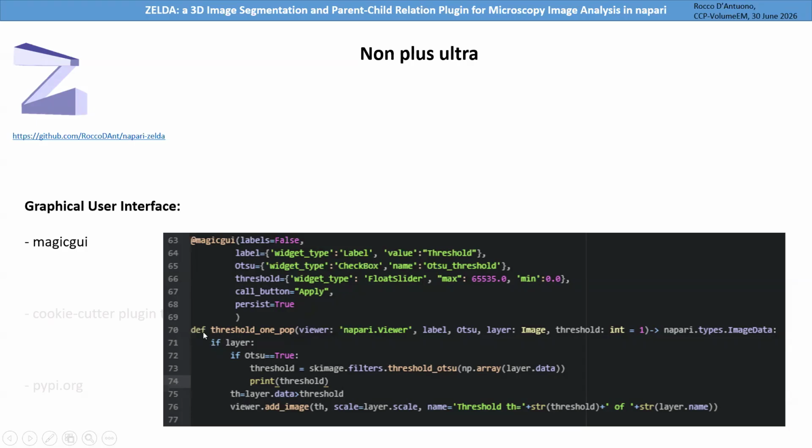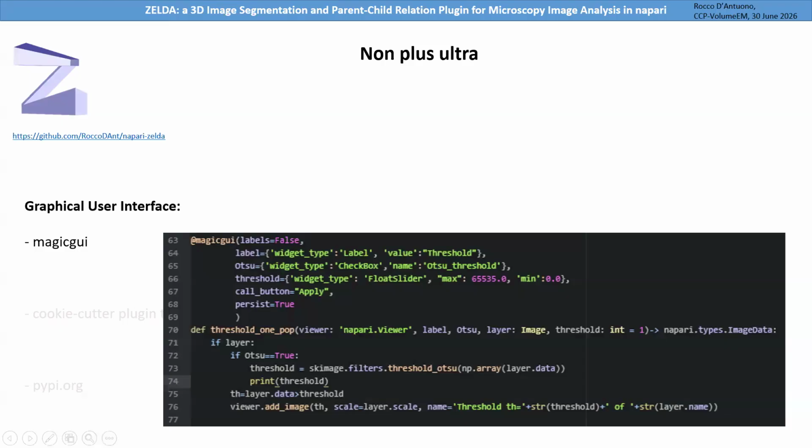So the part above, the decorator, makes it possible to transform a script that would use the function below, between line 70 and 77, into a widget, so it means a graphical element that will appear in the napari interface. The plugin is developed trying to do this for all the different components.